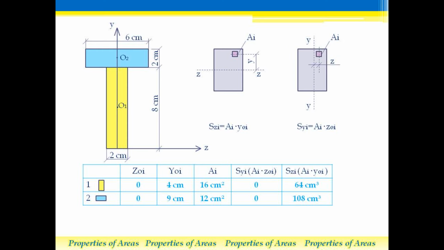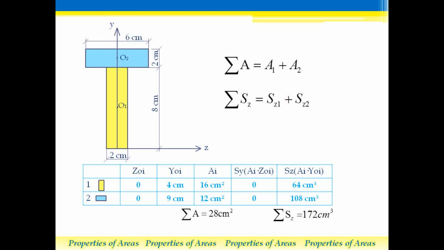All calculations we will summarize in a table. To find the static moment of a rectangle, multiply the area of this rectangle by the y-coordinate of this rectangle.